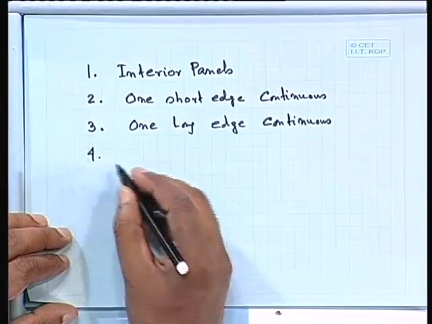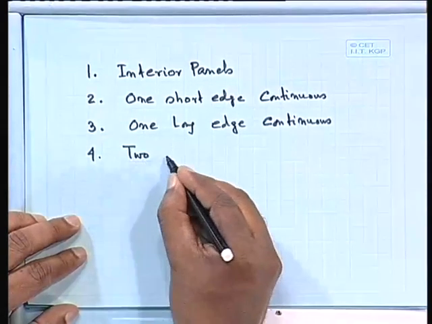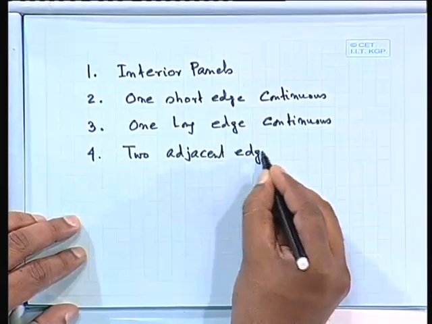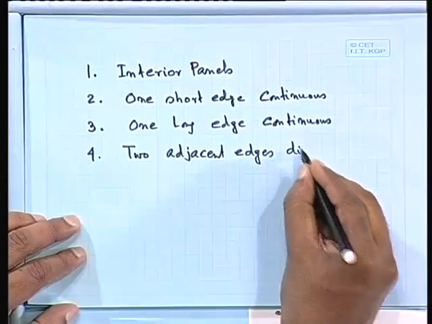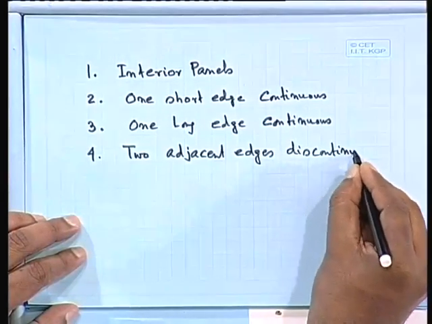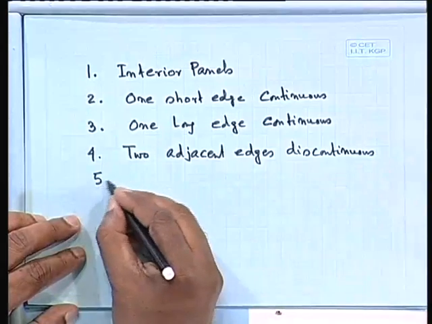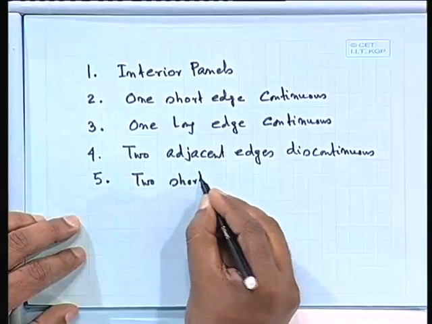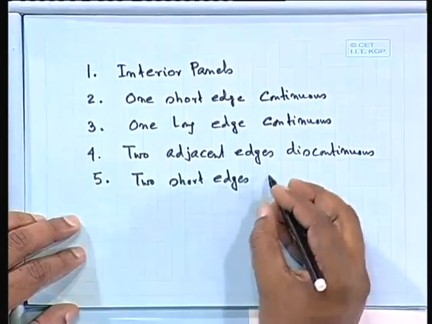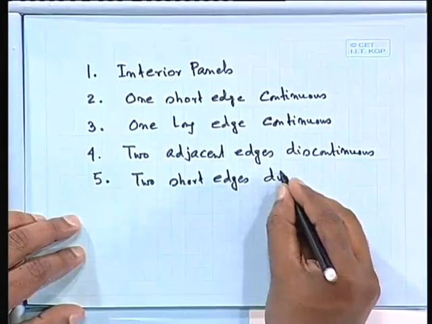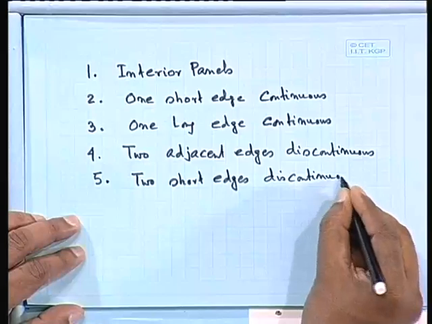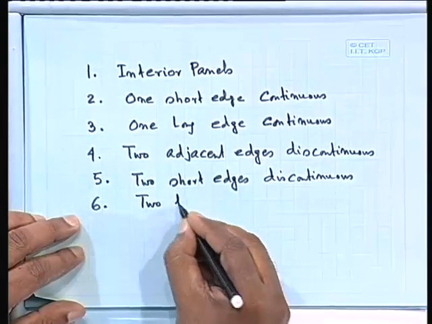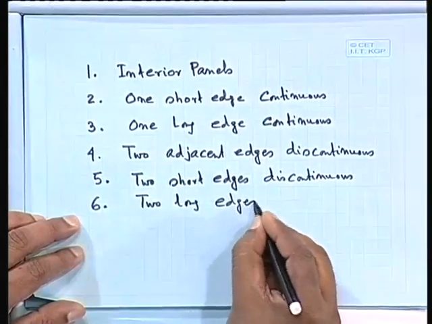Number 4, two adjacent edges discontinuous. Number 5, two short edges discontinuous. Number 6, two long edges discontinuous.